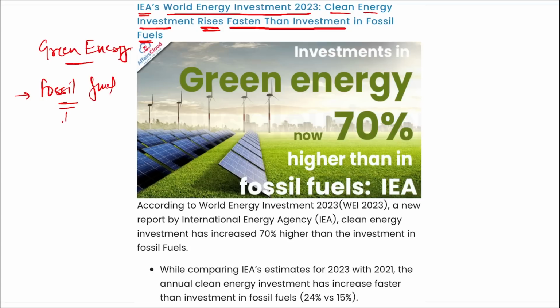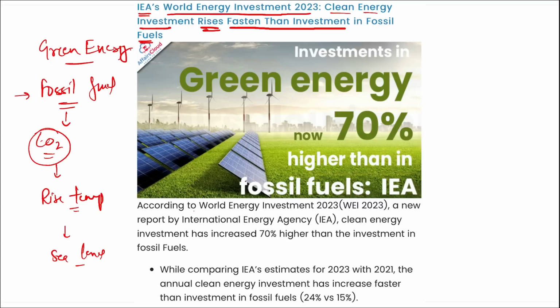That raises carbon dioxide in the atmosphere, which in turn raises the temperature. And if the temperature rises, sea levels also rise, the ice starts melting, and there will be huge changes in climate patterns. So in order to avoid that, we are seeing large investment in green energy.